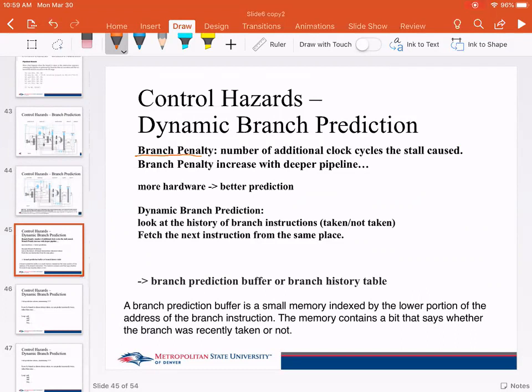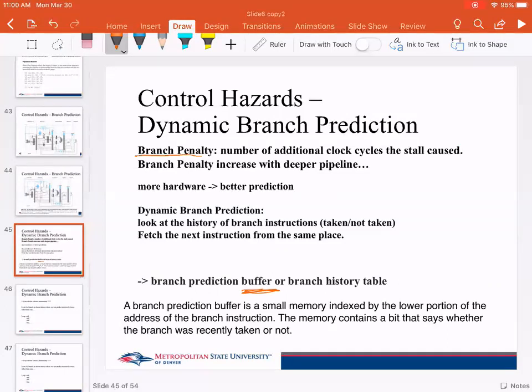And if your prediction result can change, then you have to store it somewhere inside the hardware. So we need a buffer, a piece of hardware, or a small memory to indicate if the branch is taken or not. That's our prediction result.